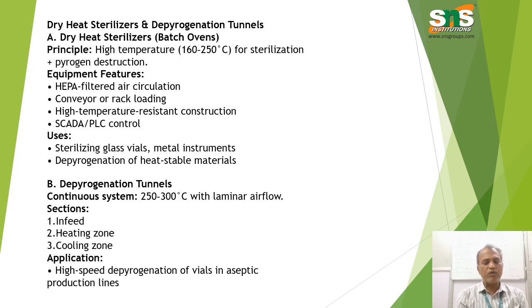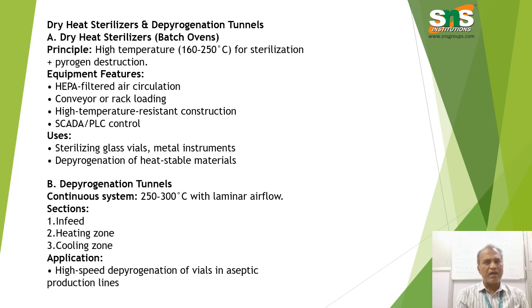Next, hot air ovens, or hot air sterilizing equipment. The principle is high temperature. It delivers dry heat, not moist, in the range of 160 degrees Celsius to 250 degrees Celsius. What are the equipment features? Like the previous equipment, SCADA PLC control, integrated sensing control, and high temperature resistant construction.